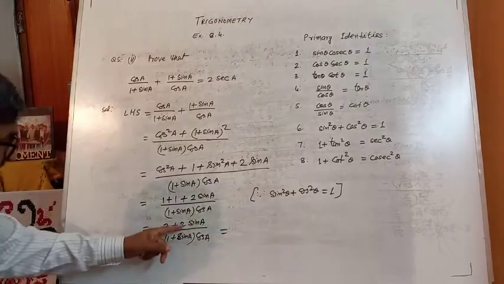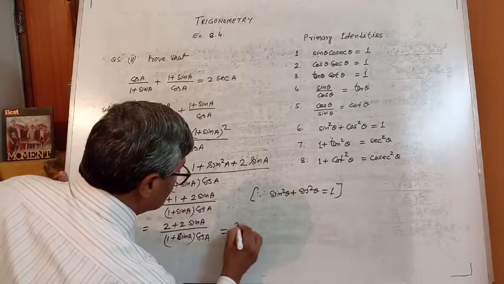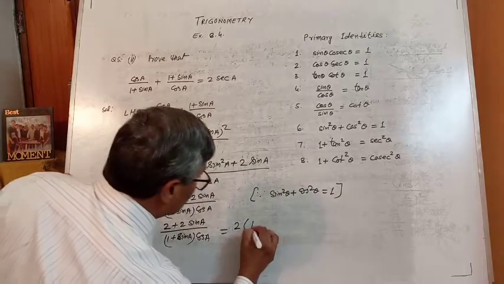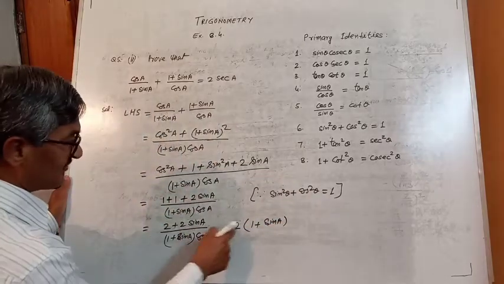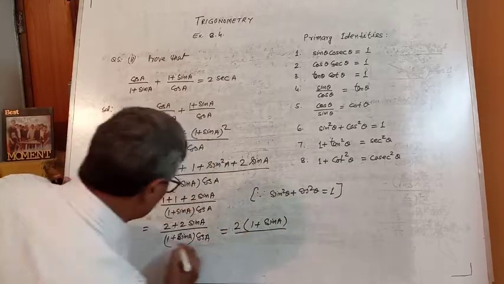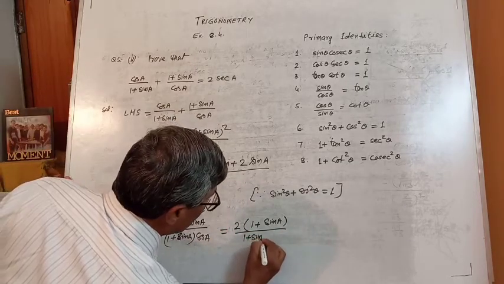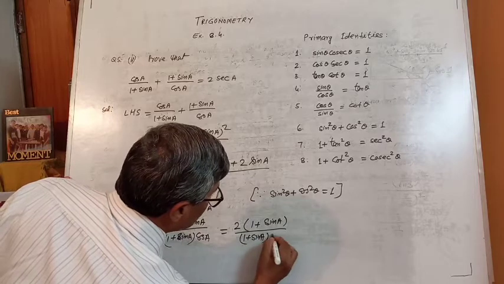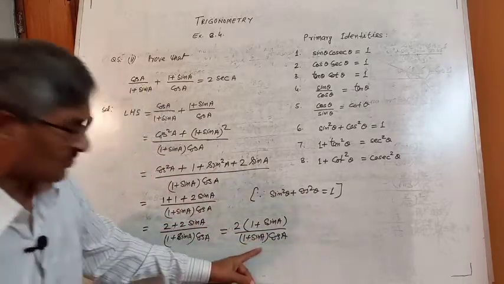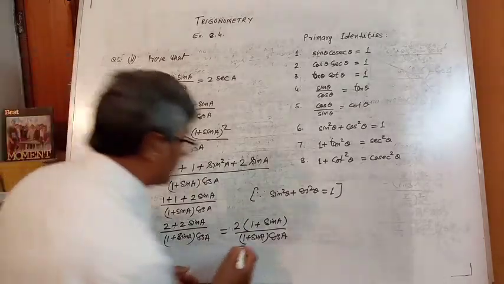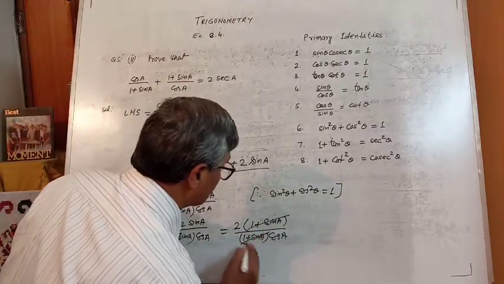Now take 2 as common. Taking 2 common, you get 1 plus sin A. Here we have 1 plus sin A into cos A, and in the numerator also 1 plus sin A, so the bracket will cancel.